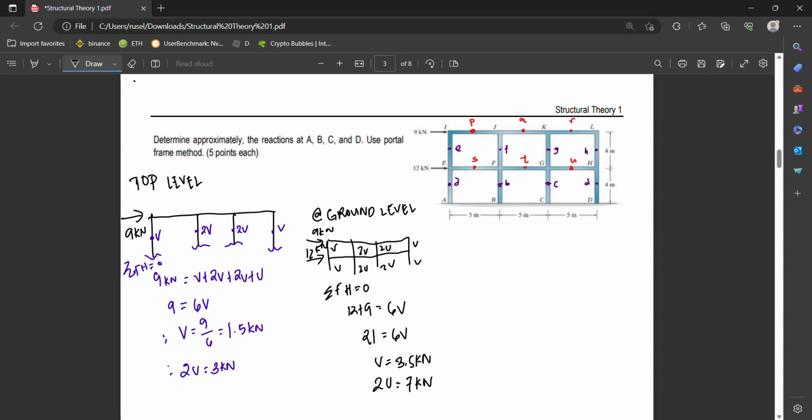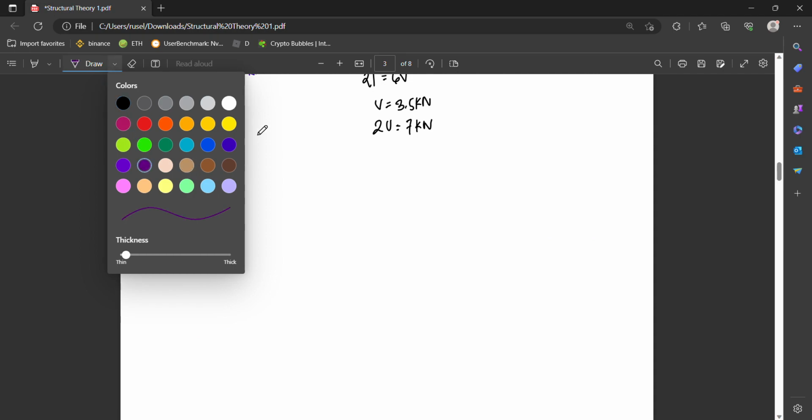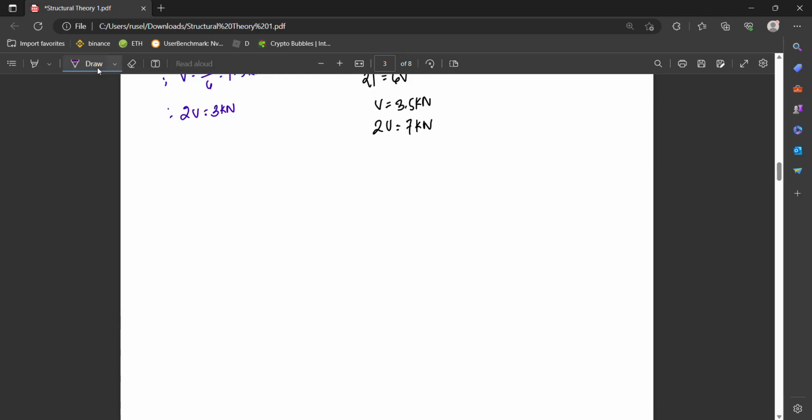After we have assumed, we proceed to the method of joints. Okay? So, let's consider joint I. This is where we start. Let's draw. Consider joint I. This is your I. Then we divided this: the 4 divided by 2.